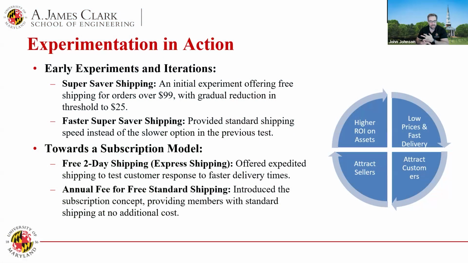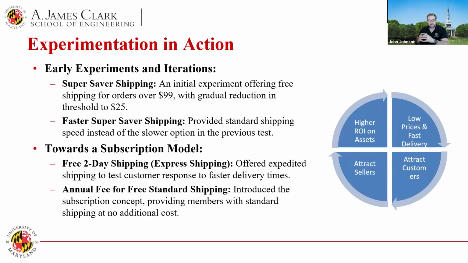And what the team did was the teams went about testing different types of shipping options: super saver shipping, fast super saver shipping, free 2-day shipping. And then these experiments were integrated with a customer loyalty program for an annual fee for standard shipping.